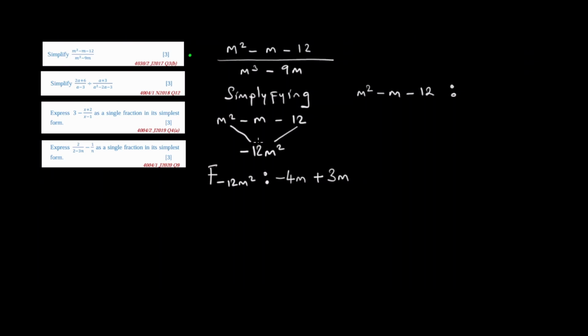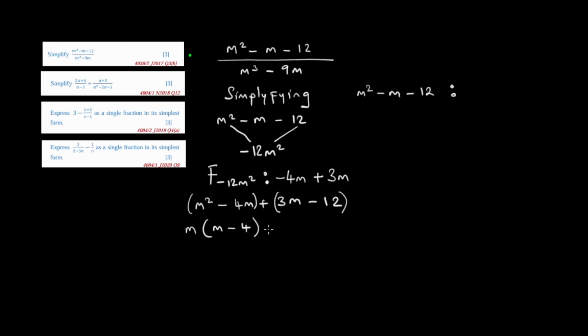Then tinoreplace-a minus m with these factors. So m squared minus 4m plus 3m minus 12. Then we are going to group, tichiisa brackets. From the first bracket we factor out m, tinosara na m minus 4.